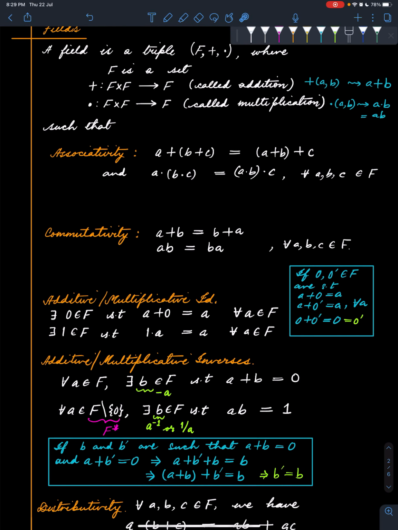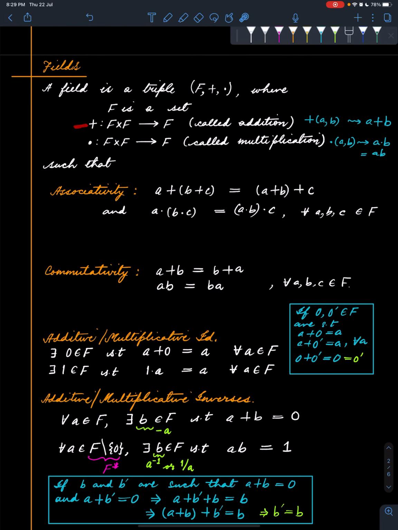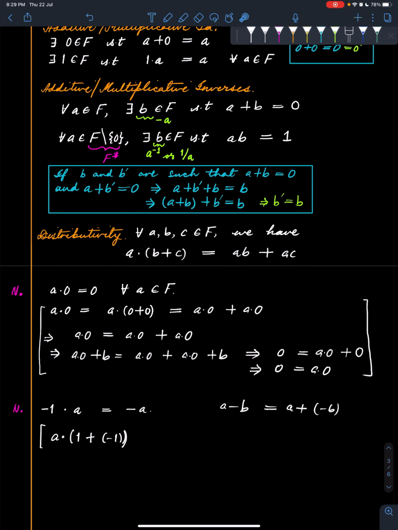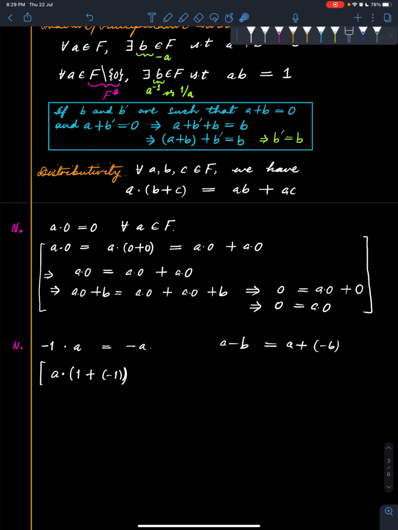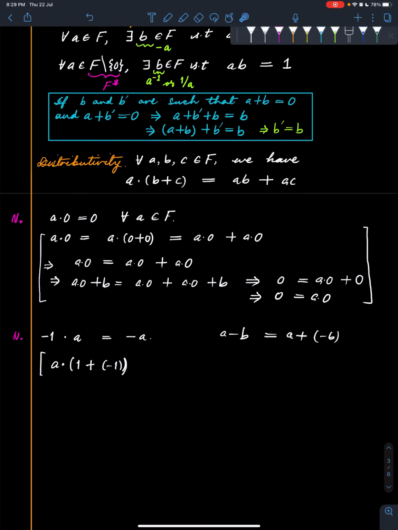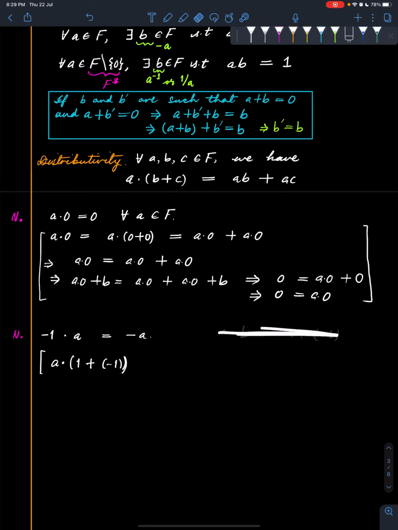As such, there is no minus operation here. You can't subtract two things. So it's an emergent operation coming out of the field axioms, that you can take additive inverses and then you can essentially subtract things. But as such, it's not there in the field axioms. So that's why. But very soon we'll start making use of this.